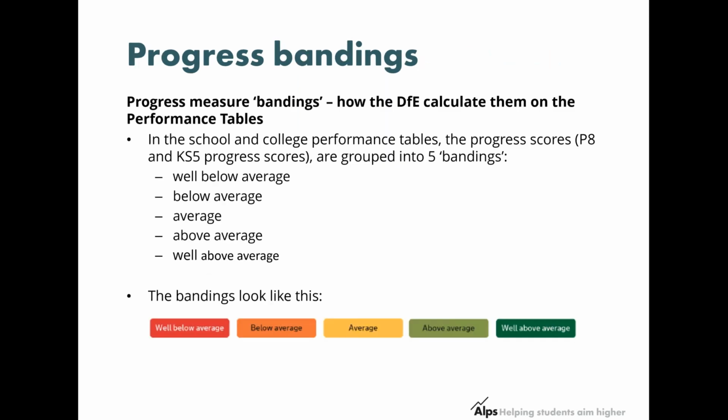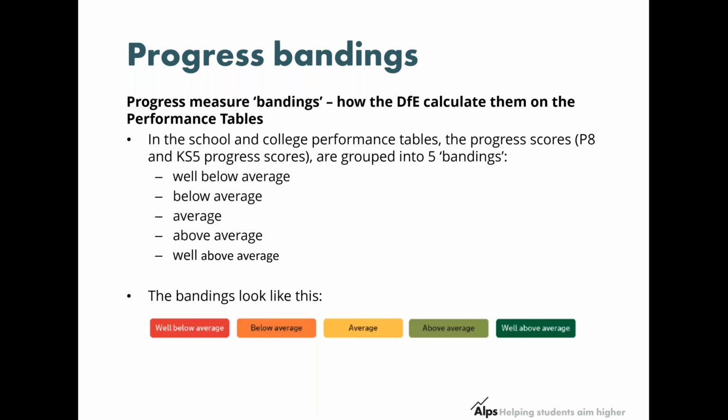Right then, I'm mentioning this little bit because of colours and categories. If you were to go on to the DFE performance tables and look at Key Stage 4 or 5 progress scores, you will see colours and bandings that look like this. Note, well below average is red and well above average is green.